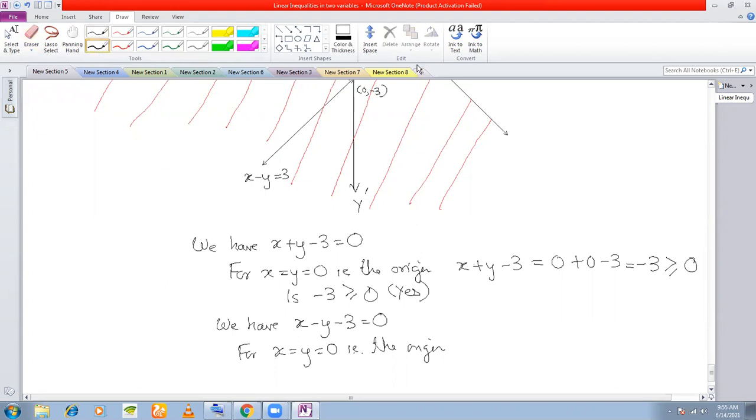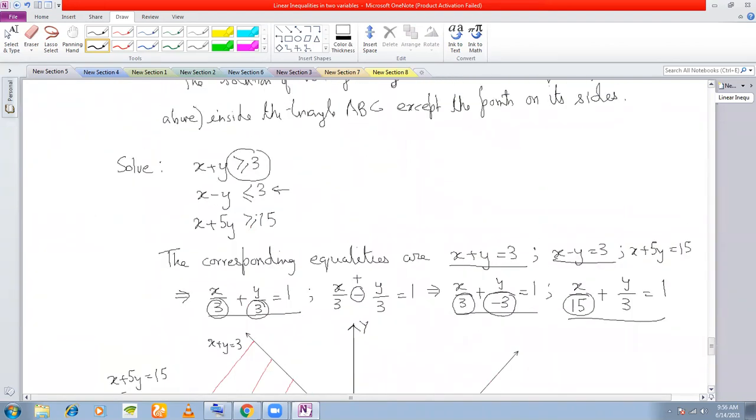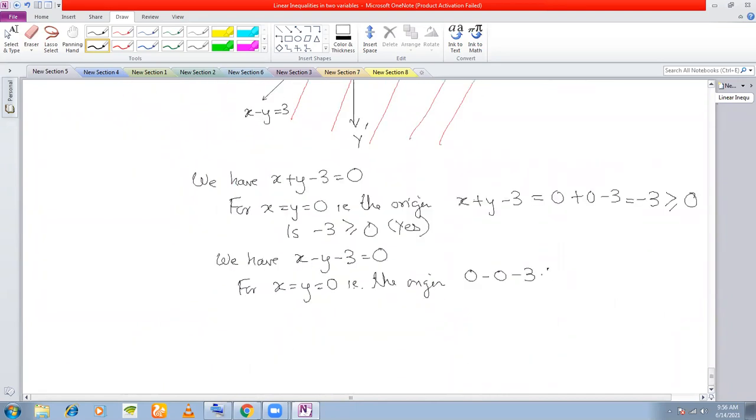Because I've taken everything on the right hand side to the left hand side. So here you have 0 minus 0 minus 3. What is the sign here? Less than or equal to. So is this less than or equal to 0? Okay, so this is false.